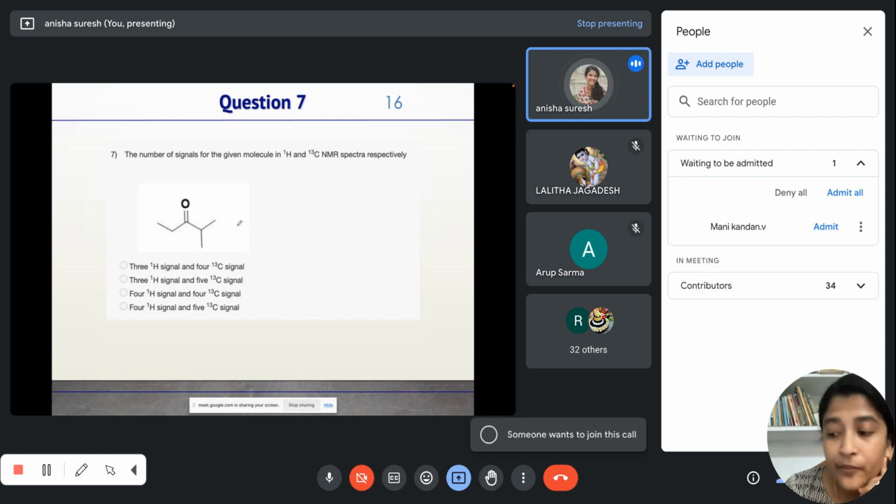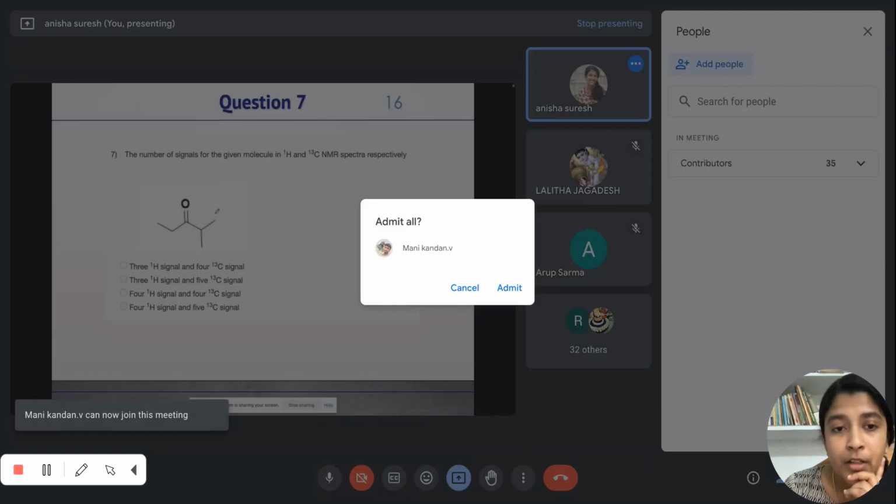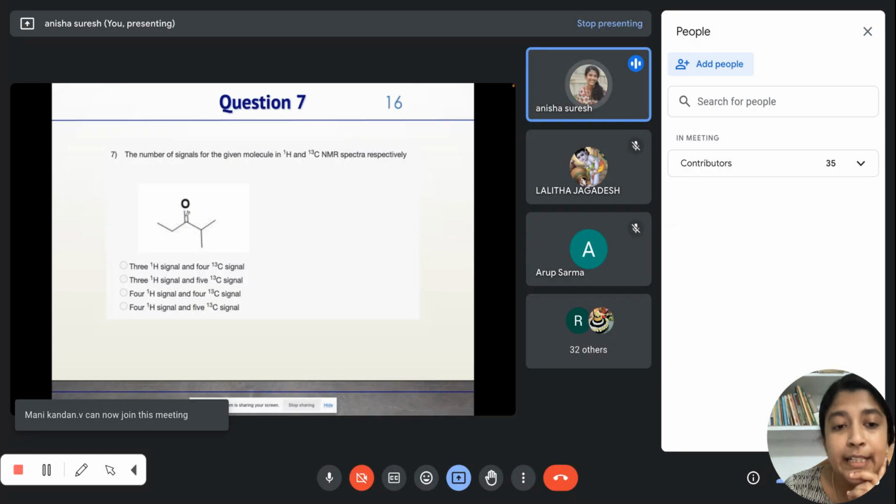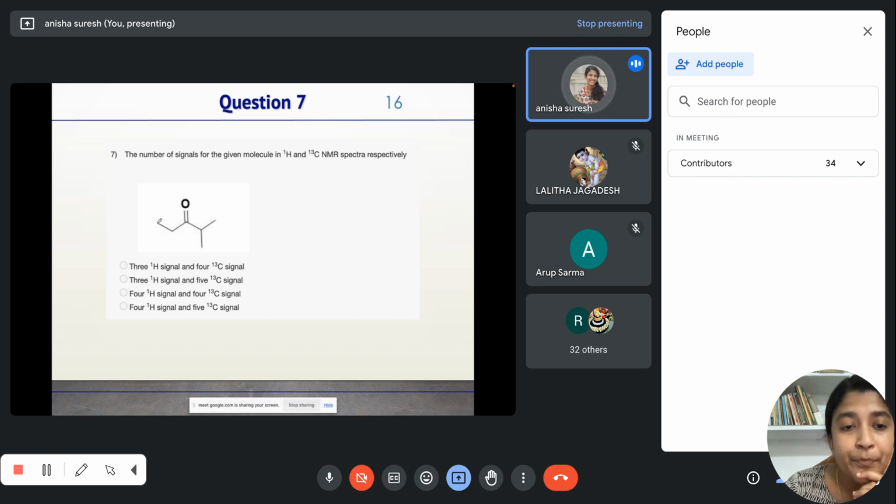So we can see what are the different proton signals coming and what are the different 13C signals coming. So here CH3 will be there. All the three protons will be identical. Here CH2 will be there. Those two protons will be identical. So two proton signals have already been there.